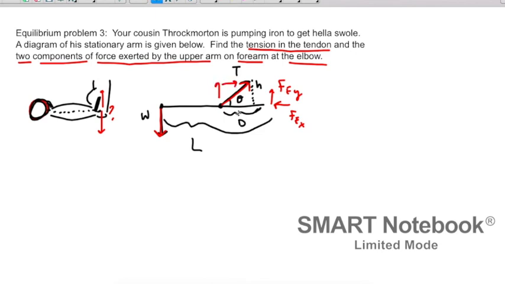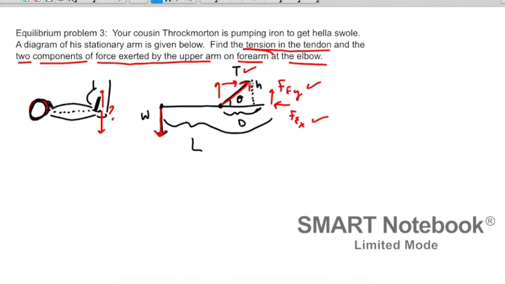Does that make sense? Okay, so what we need to do now is figure out where we're going to put our axis of rotation to try to eliminate as many unknowns as possible. I want to solve for three things right now. I need to solve for tension and the force exerted by the upper arm on the forearm at the elbow. I need to solve for these three things.